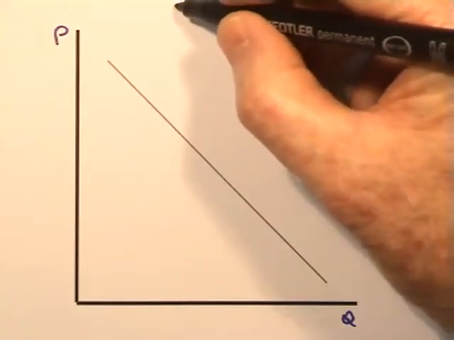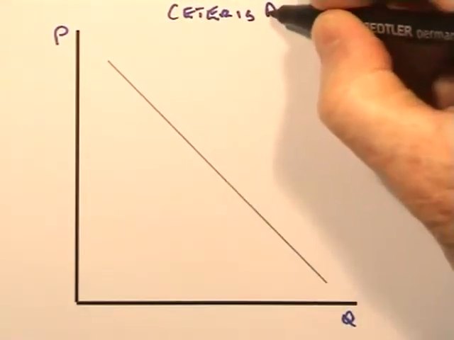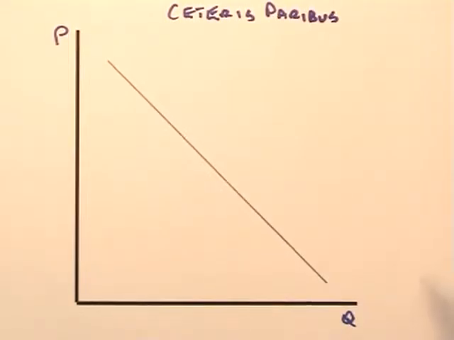When we talked about the term ceteris paribus, which meant all things being held constant at a given point in time, we knew that price was the only change that was going to occur, and that all other factors were held constant. In other words, there was no tendency for change.